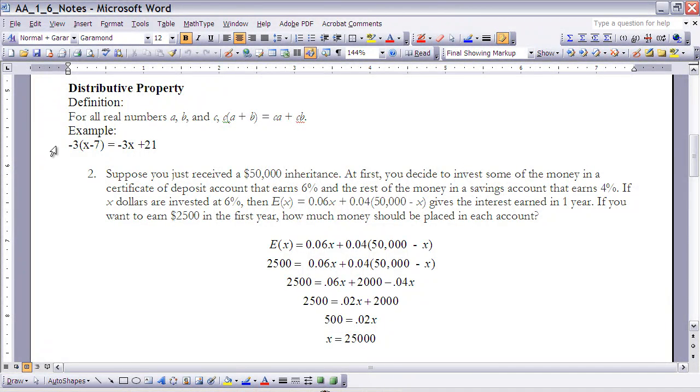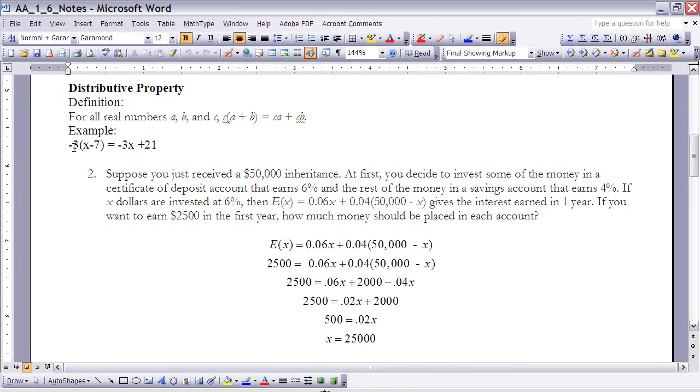Here's an example of the distributive property. Notice how I've multiplied -3 times each of the terms inside the parentheses. Okay, so let's take a look at number 2, where we have to utilize the distributive property to solve this. It says, suppose you just received a $50,000 inheritance. At first, you decide to invest some of the money in a certificate of deposit account that earns 6%.